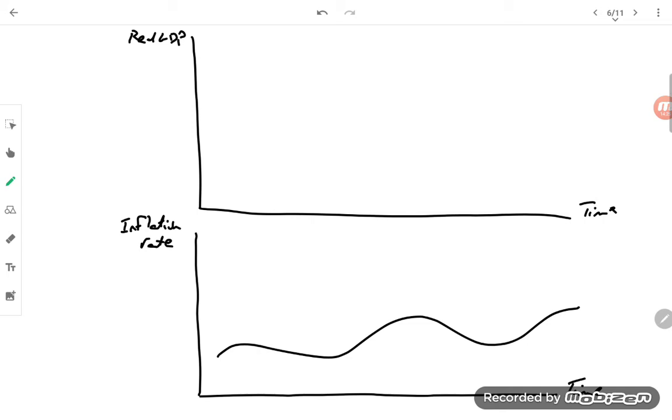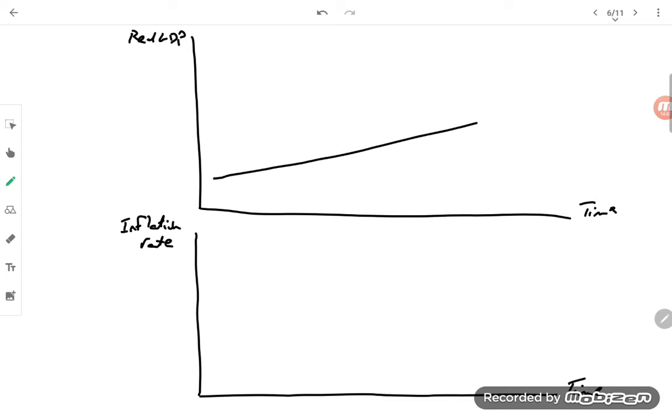It's fluctuating over time, showing ups and downs. Okay, let's draw it in another way. This is natural GDP, and this is actual GDP.